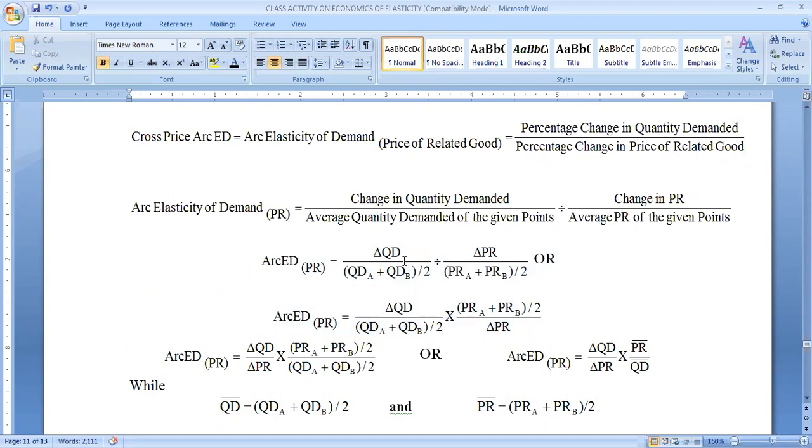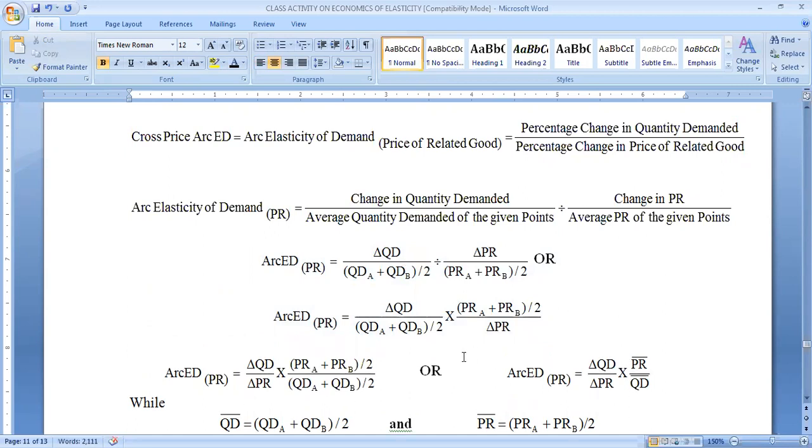Then simplifying this formula, I mean delta QD over average quantity demanded multiplied by average price divided by delta PR, then writing these delta terms into one fraction as delta QD over delta PR multiplied by average price of 2 points divided by average quantity of 2 points, right?